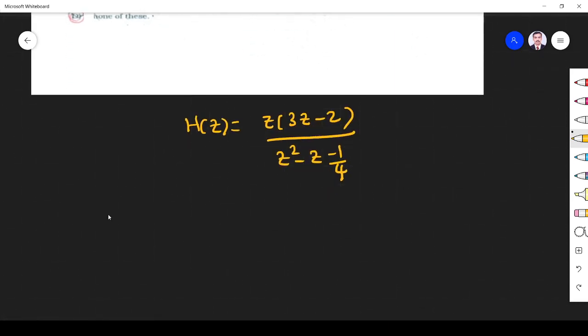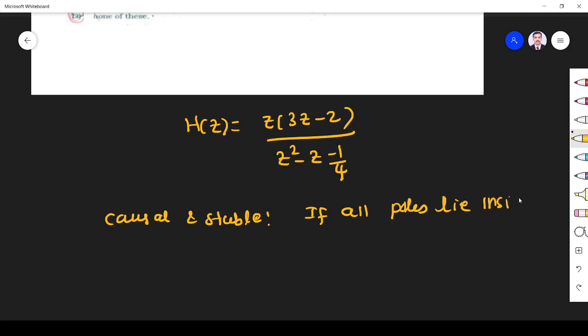So first we must know what is a causal and stable system. A system is known as causal and stable if all poles lie inside the unit circle. Then they give minimum phase.